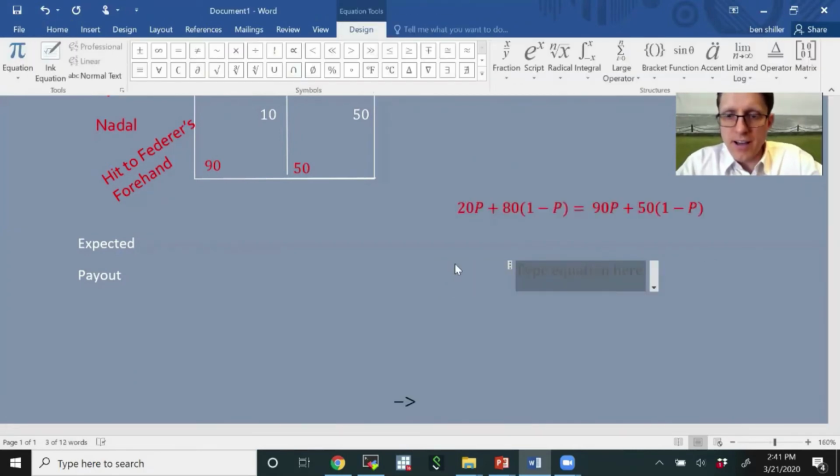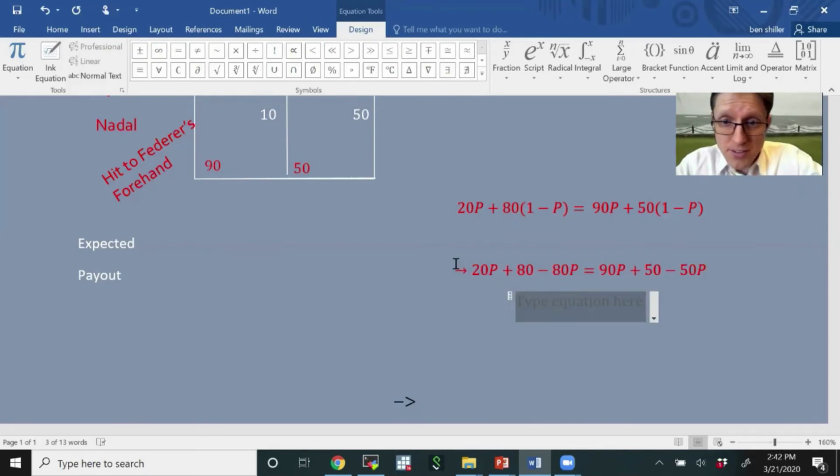So if I simplify this a little bit, simplifying the left-hand side, we have 20P plus 80 minus 80P is equal to 90P plus 50 minus 50P. Let's simplify this a little bit further. We have 80 minus 60P on the left-hand side, and that's equal to 40P plus 50 on the right-hand side.